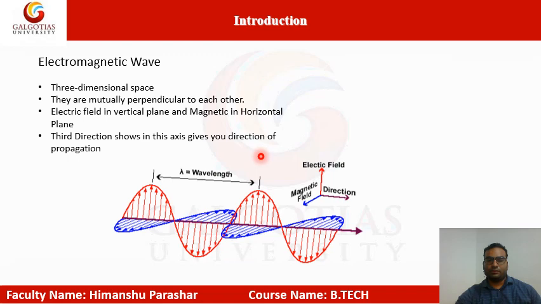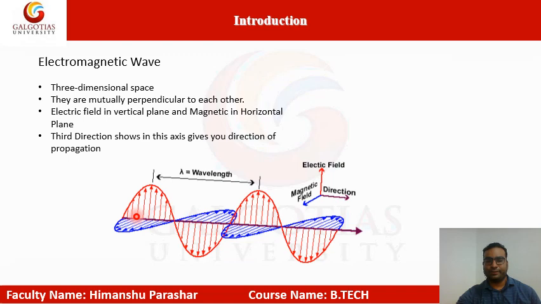Now, the thing which comes to mind is what is an electromagnetic wave. If these are the electromagnetics in my previous slide, then what are the waves? It is nothing but three-dimensional space, and these are mutually perpendicular to each other.